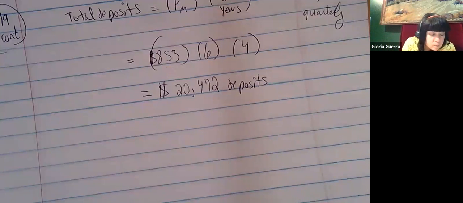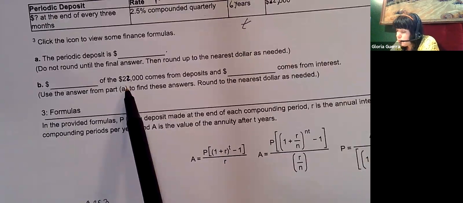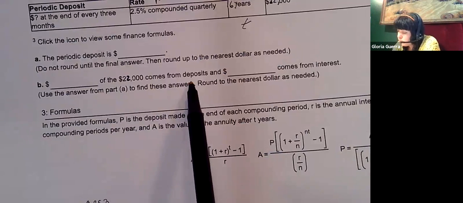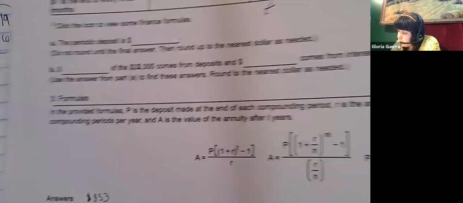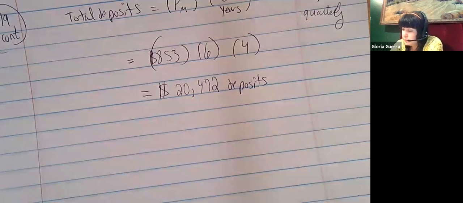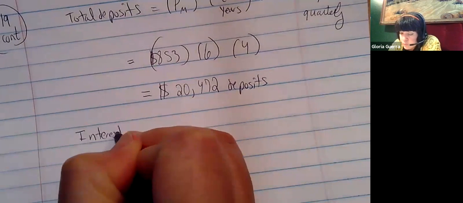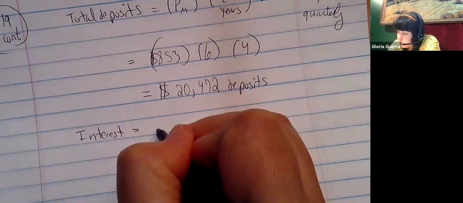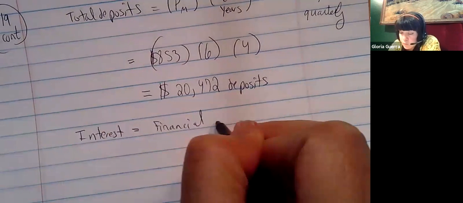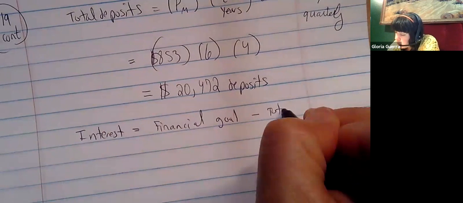Okay, so those are your deposits. So blank of the $22,000 comes from the deposits. And then blank comes from the interest. So this is where we'll subtract: your financial goal minus your total deposits.